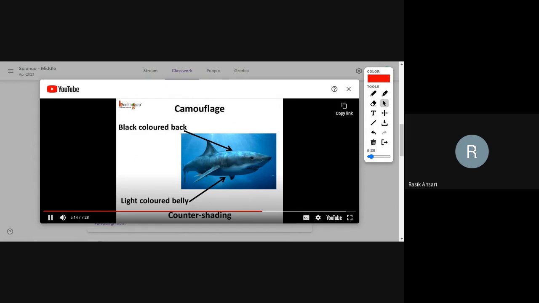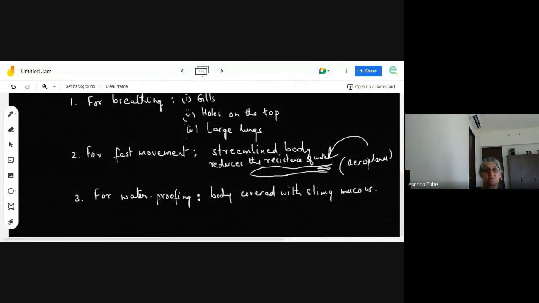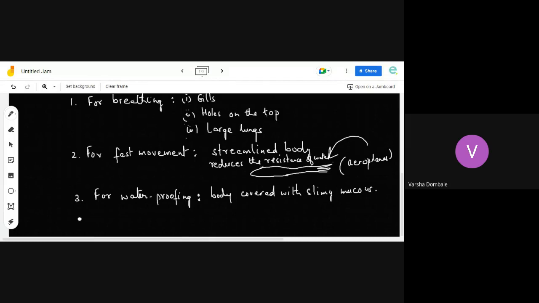If we look from the top, its back is dark. Okay, let me first ask, who understood what camouflage is? Means they get attached to the surroundings and can easily prey.